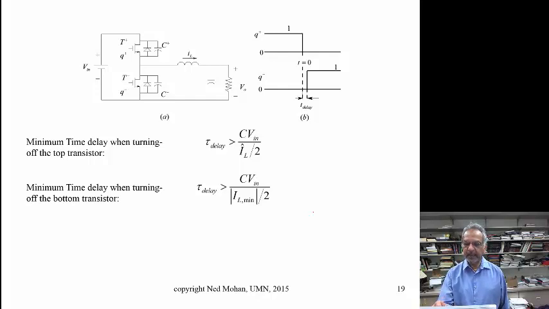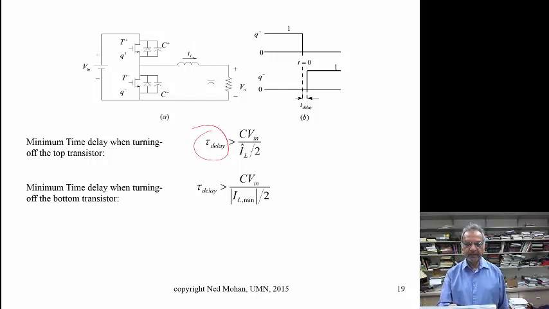At IL hat, which is the peak positive value, the delay time should be greater than what you see here, because you have these two capacitors each equal to C, and this current IL hat is splitting between the two. So you can easily see that the delay time has to be greater than what you see on the right hand side here.